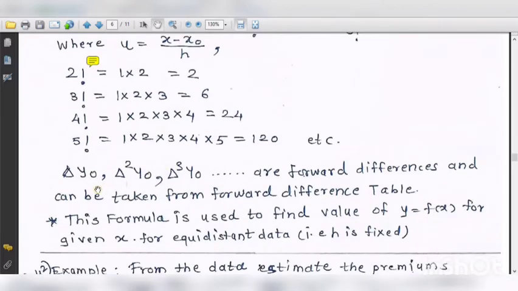So same here, delta y0, delta square y0, delta cube y0 are forward differences and can be taken from the forward difference table. This Newton's forward difference interpolation formula is used to find the value of y, which is f x for given x. So x is given, at which value we want to find using this formula.